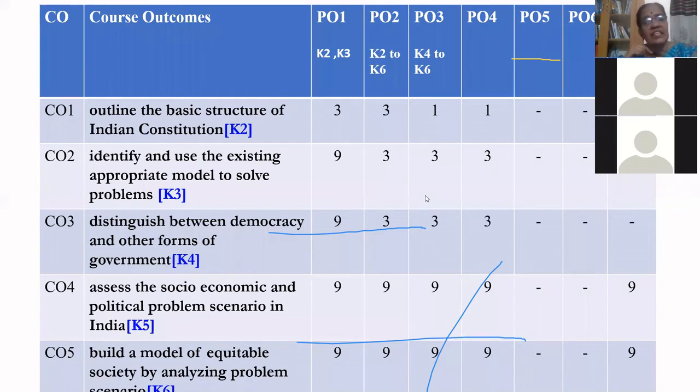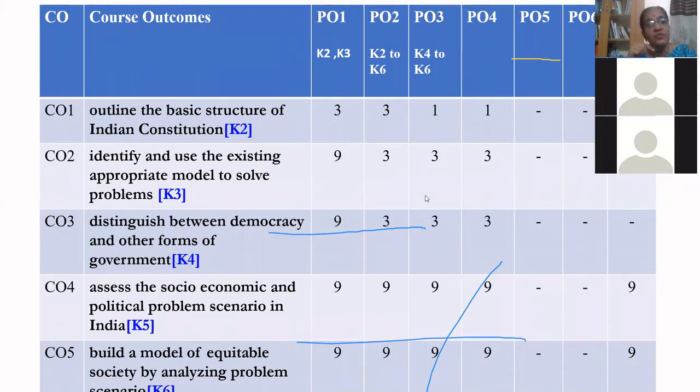Just I'm saying that it is 3 just because the basic structure of the whole Indian constitution you are going to explain here. So I have given 3. So it's your will and wish with the flexibility of the course teacher whether you are going to take it as light or with some moderate level. And with PO3, it is going to address K4 to K6, but this is only knowledge. So understanding. So it is light. So 1. I am giving 1.